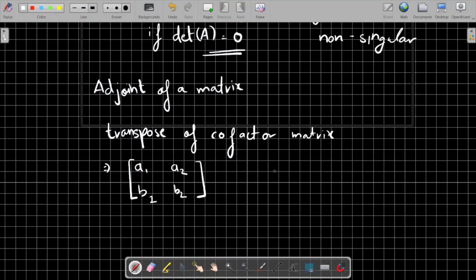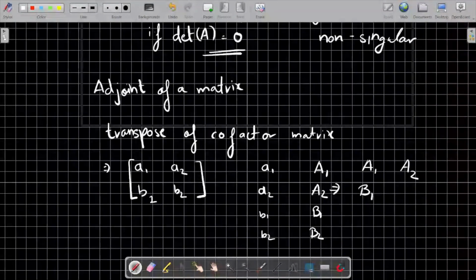The associated cofactors, let's write them here, A1, A2, B1, B2 are A1, A2, B1, B2. Then the cofactor matrix is A1, A2, B1, B2.